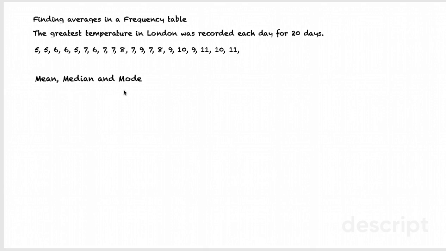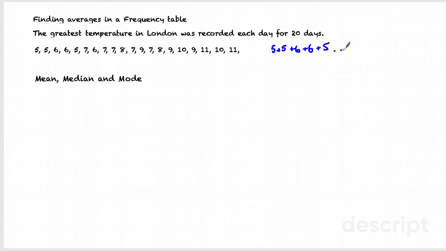Let's start with the mean. So if you remember, the mean is to add up all the data. In order to calculate this, I would have to do 5 plus 5 plus 6 plus 6 plus 5.